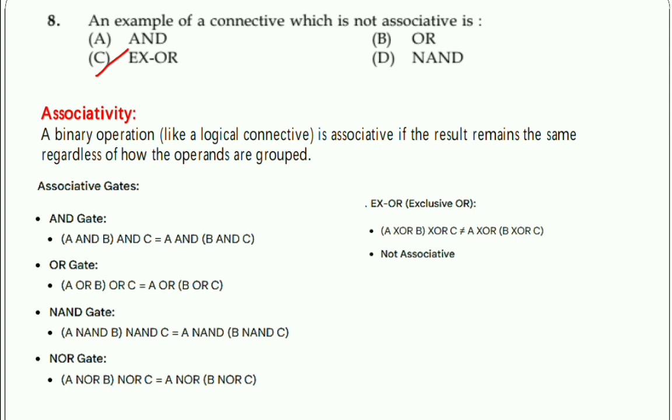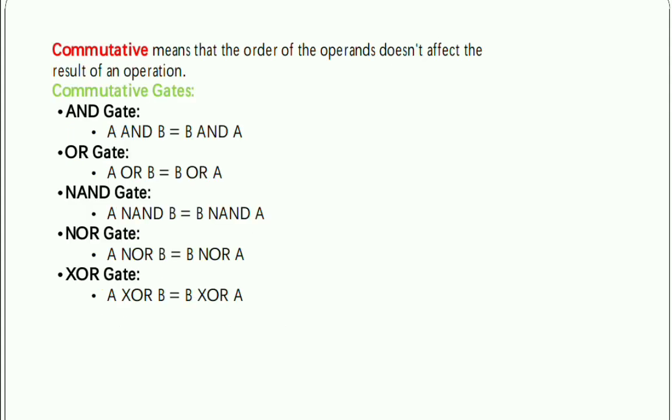So we will know about commutativity also here. It is not given in the question, but it will be useful for further exams. Commutative means that the order of the operands doesn't affect the result of an operation. So remember one thing: associativity means grouping of the operands, but commutative means order of the operands.